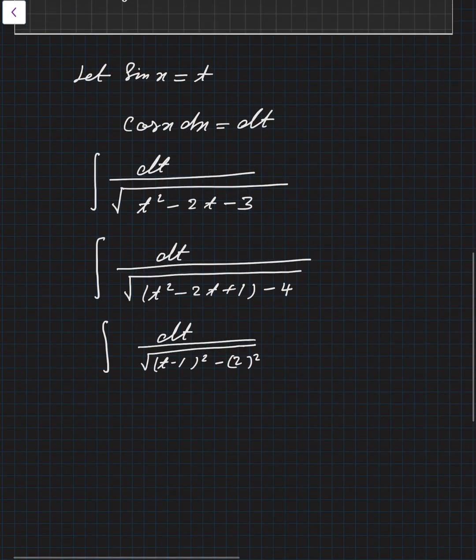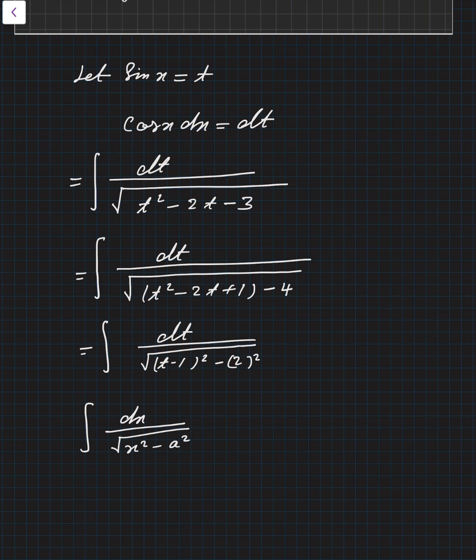Okay, I know that I have already discussed dx divided by under root x square minus a square, that is log of x plus under root x square minus a square, plus c.